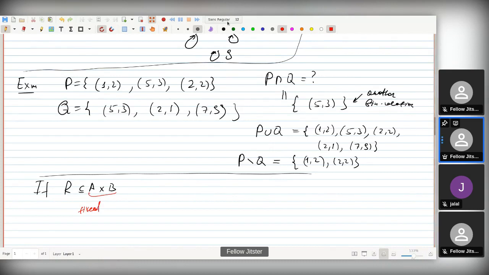Then we may define the complement of R the following way: all the pairs from A times B which do not belong to R. Is this idea clear?